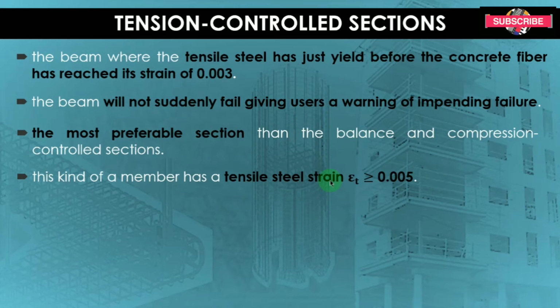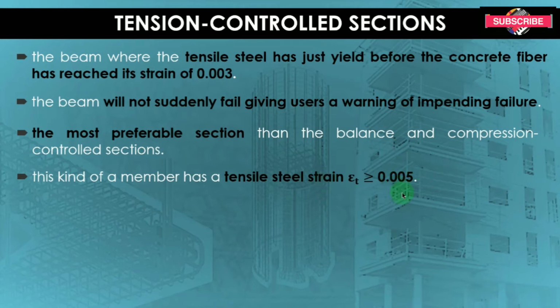Kung balance section siya is ang tensile strain natin is 0.002. Kung sa compression controlled is equal or less than 0.002 yung tensile strain natin. But kung dito tayo sa tension controlled section, yung tensile strain natin is kailangang equal to or greater than this 0.005.